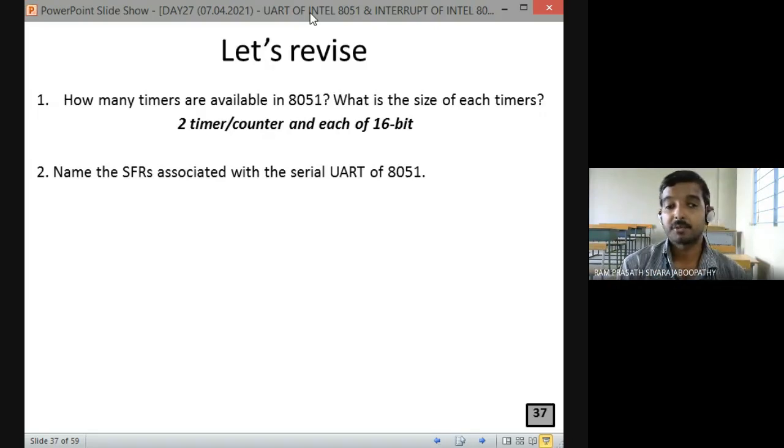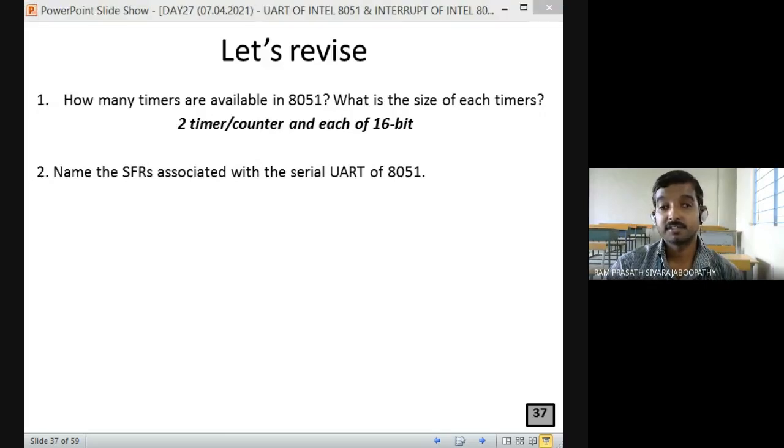In class we saw which registers we need to program the serial UART. Kindly type it in the chat. I'm waiting for your response. What are all the SFRs we have to program the UART of 8051? We discussed this in class today.